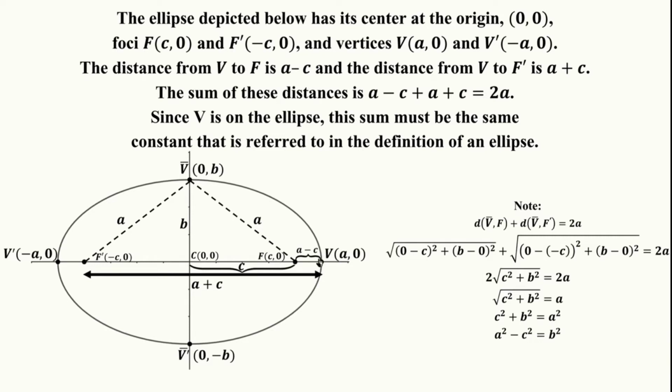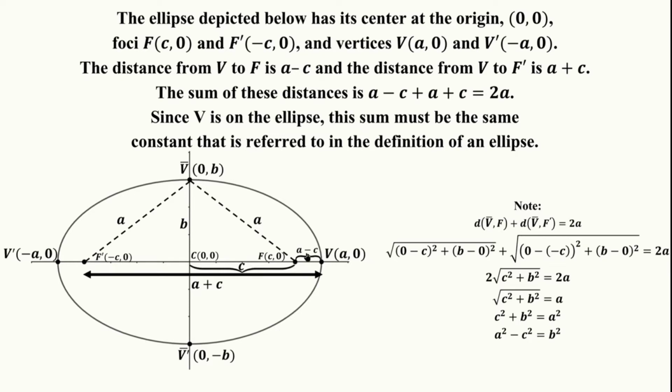Now, analyzing this particular point and its distance from the two foci can easily tell us what the length of the string should be, because notice that the distance from V to F is going to be this distance, which is a, as you know, from the center to the vertex. Take away this distance, which is the distance from the center to the focus.